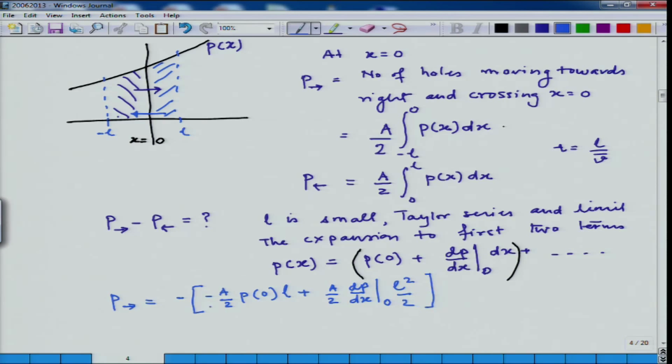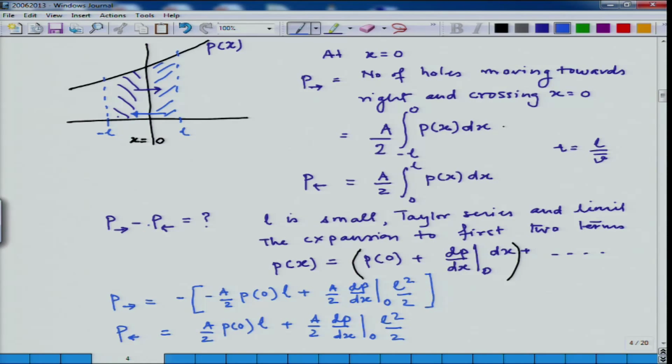So, this would be the value from minus L to 0. Similarly, I can write for the carriers moving in the other direction, that will be given by A by 2 P of 0 L plus A by 2 dP dx at 0 L square by 2.